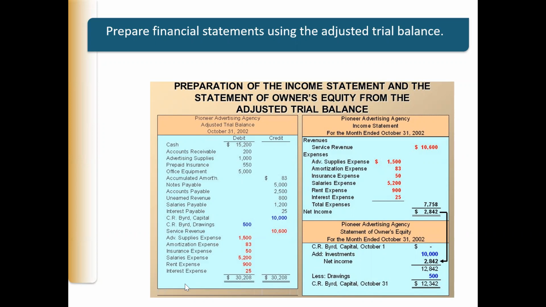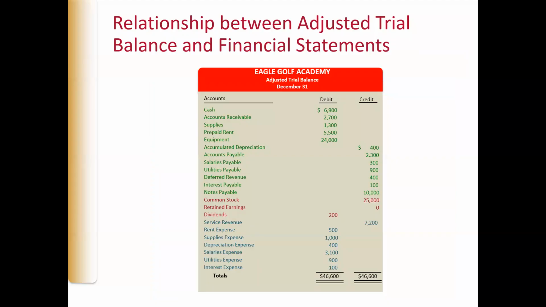The income statement has revenues and expenses, and those revenues and expenses are down here. We're going to pull these numbers, the items here in blue, the revenues and the expenses, to create our income statement.